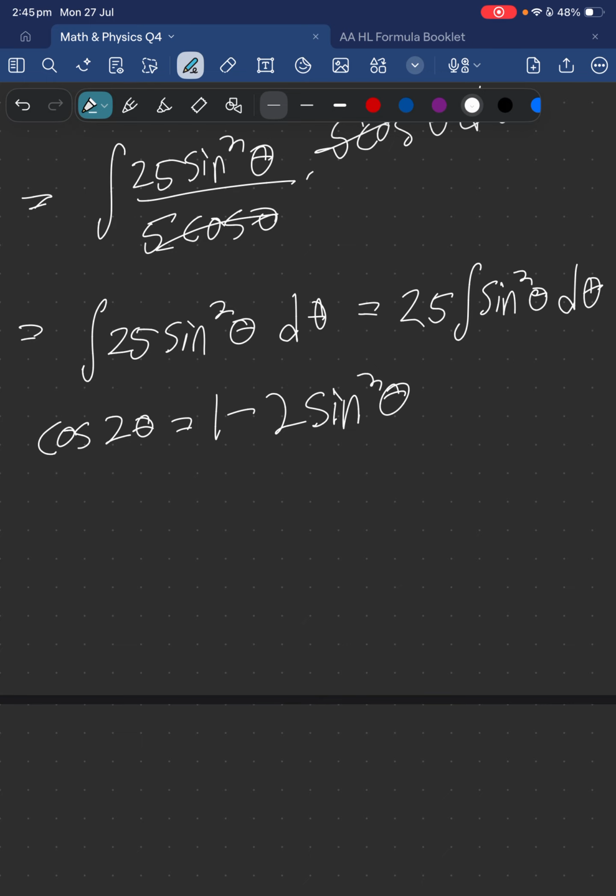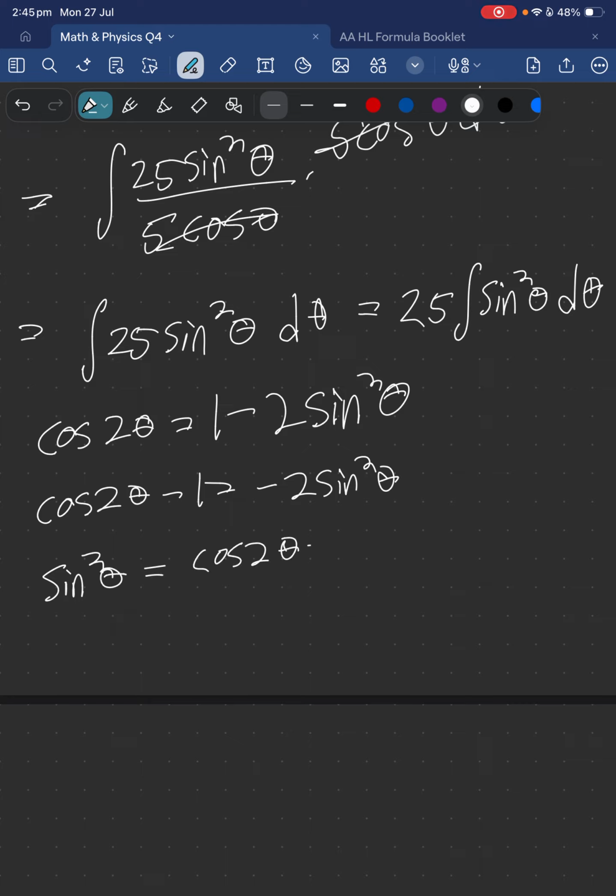What we do is we solve for sine squared theta, so that would be cosine of 2 theta minus 1 over negative 2. Let's just get rid of the negative sign.